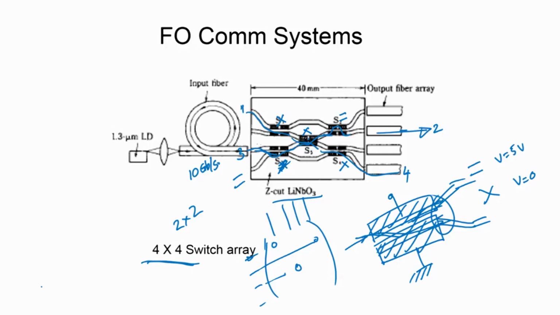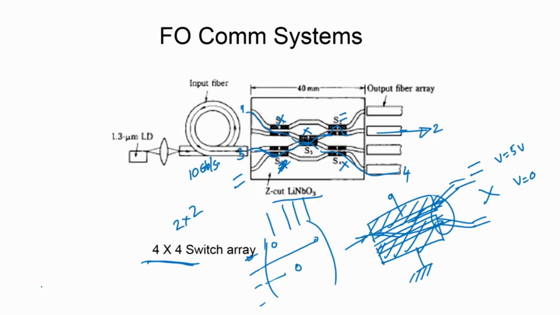We will assume that the signal is modulated in whatever format you wish. Typical dimensions: as you know, the waveguides are of the order of 4 microns wide and about 2.5 microns deep, the electrode voltage is of the order of a few volts, and the overall chip would come to 40 millimeters.